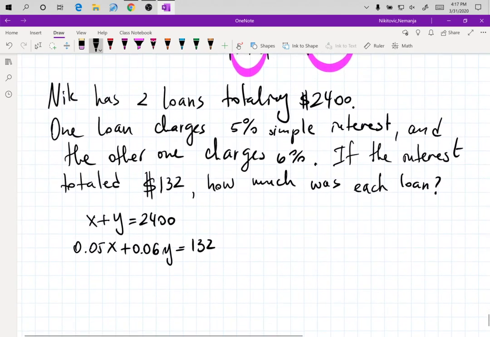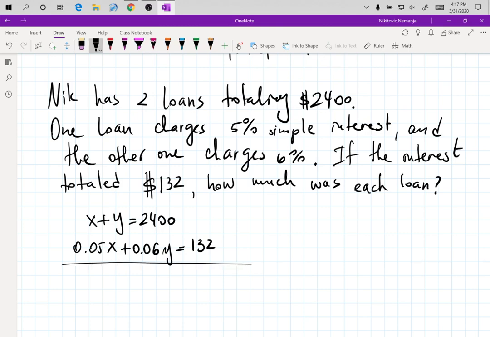So cool, that's it. Just solve it now. We can solve on the top that Y is equal to 2400 minus X, and we use substitution to plug in on the bottom one. Oh, actually, hold on. For the bottom one, let's just multiply by 100 everywhere to kill the decimals.